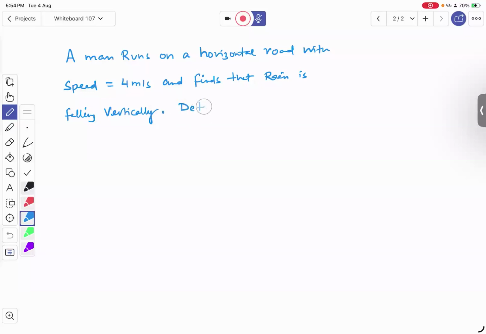Determine the speed of the rain with respect to the ground.